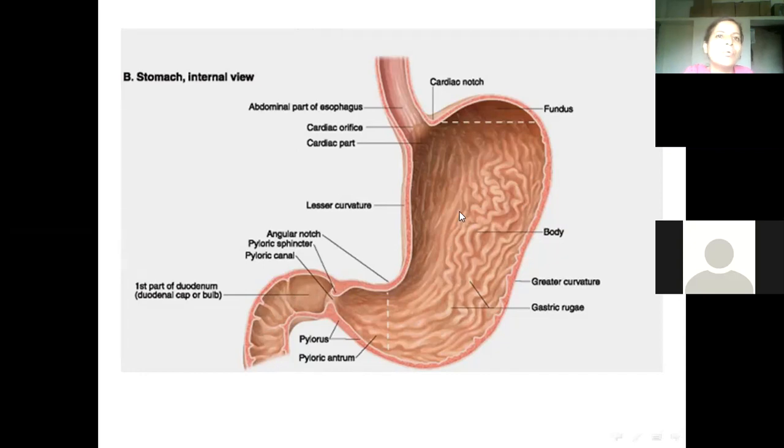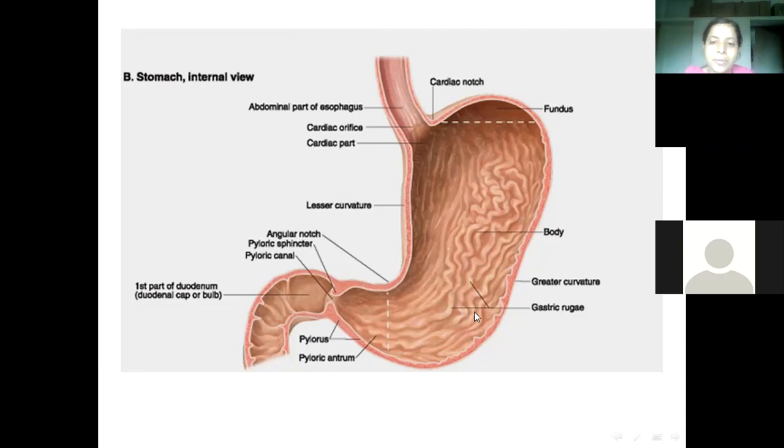The purpose of rugae is that they increase the surface area of the stomach. Wherever we have folds, if you uncoil these folds, the surface area is more. So the rugae increase the surface area so that the maximum amount of food can be accommodated in the lumen of the stomach. Okay, so that is the purpose of rugae.